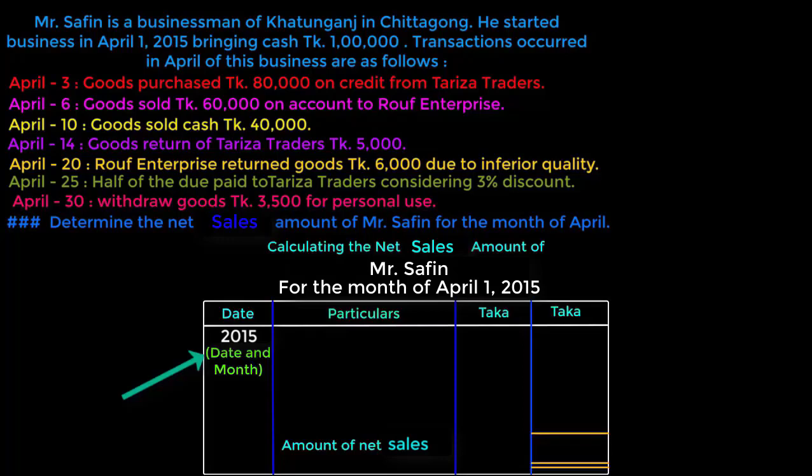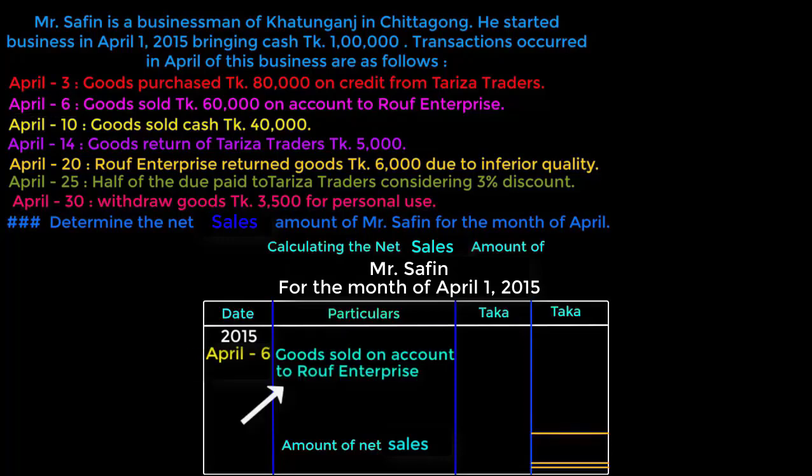Therefore, we will write here April 6 and here goods sold on account to Rauf Enterprise and here the amount of taka 60,000. Here April 10, here goods sold, and here the amount of taka 40,000.